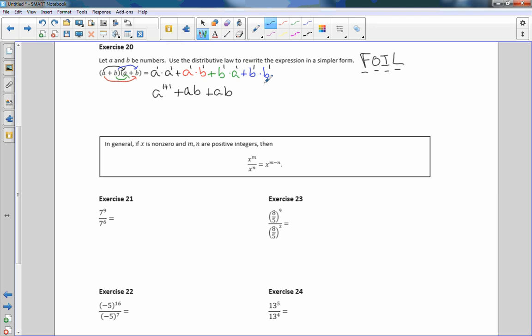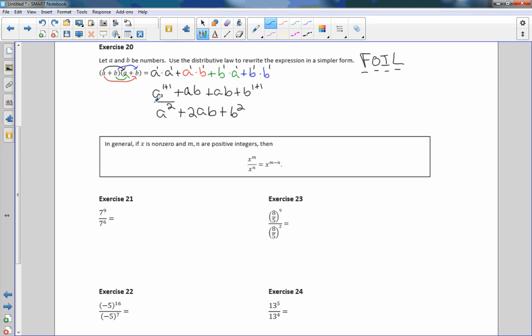Multiplication is commutative, order does not matter. And then finally b to the 1 times b to the 1 is b to the 1 plus 1. So this is going to give me a squared. ab plus ab is going to be 2 of them, so we can simply say 2ab plus b to the 1 plus 1, which is b squared.